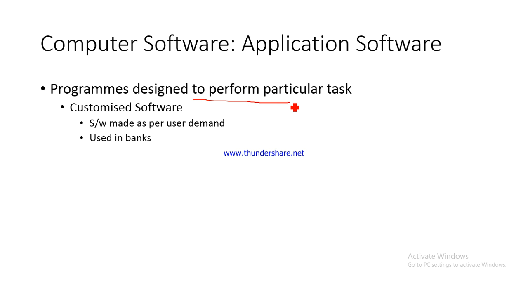So they are customized softwares because they've been custom made for that particular bank or for the banking function or the banking operations. So they are custom made, so you cannot use them to do something else, right? That is what we mean by customized softwares. Finacle is one very prominent banking software which is used by many different banks, and it is a product of Infosys, and this is an example of a customized software.